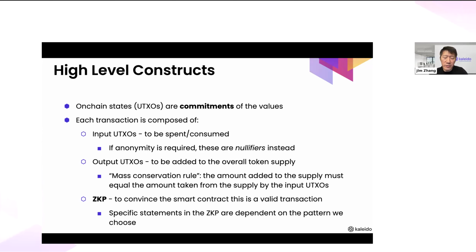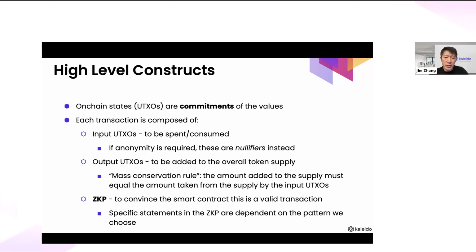So instead of specifying which UTXOs are being spent, we're specifying a secret that we call nullifiers that are securely bound to the UTXOs that are being spent. But looking at the nullifiers, you can't work backwards to figure out which UTXOs are being spent. So this way, we can even hide which UTXOs are being consumed by a transaction.